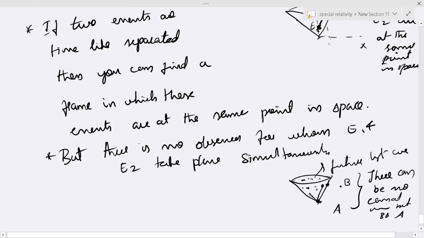If you travel at light speed, at best you can reach an event on this line. So no signal can reach from A to B, and there cannot be influence. This is known as the elsewhere region corresponding to A.